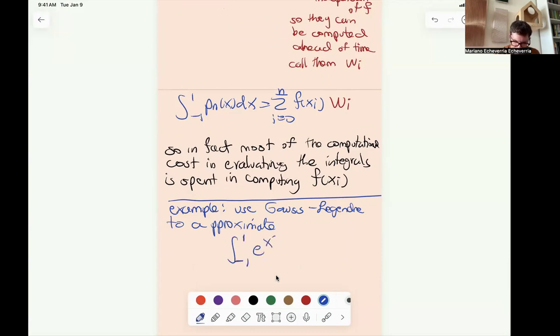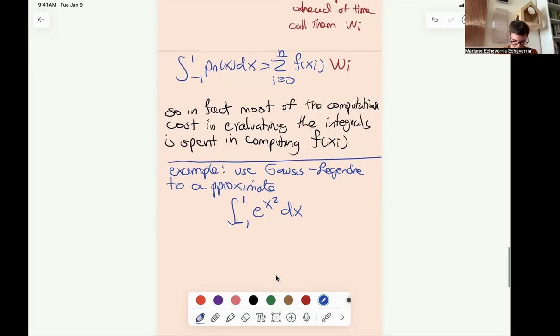It's not the same as yesterday, because yesterday was from 0 to 1, but they are almost the same because the integrand is even. So this would help us approximate the integral from 0 to 1, using n equals 1, n equals 2.